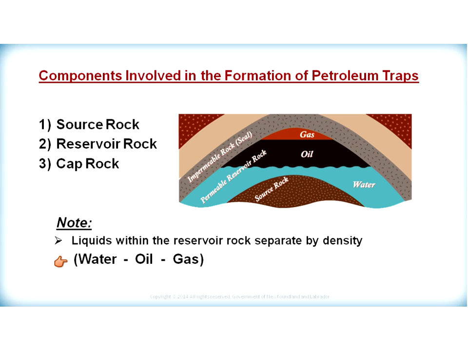Within the reservoir rock, the higher density water will be located beneath the lower density oil, which is located beneath the lower density gas. So this is the layout that you would find in liquids within a petroleum trap. The water will be located beneath the oil, which is located beneath the gas.